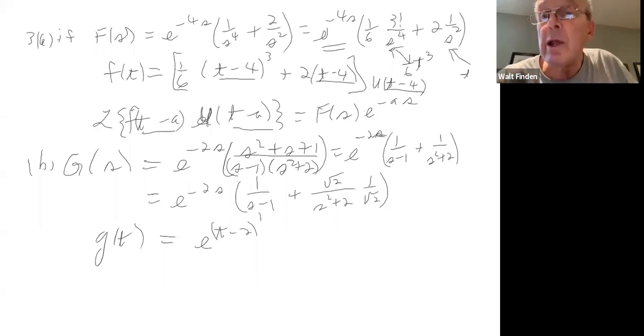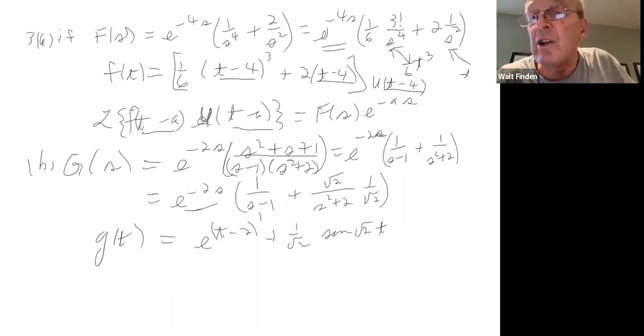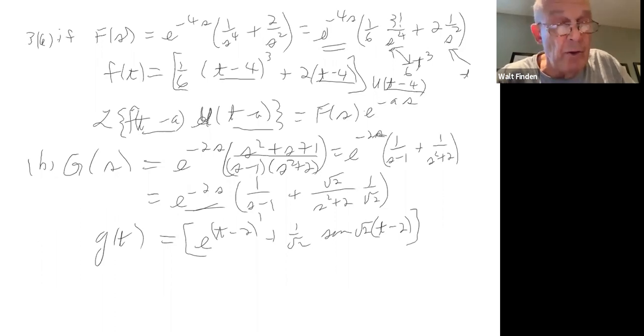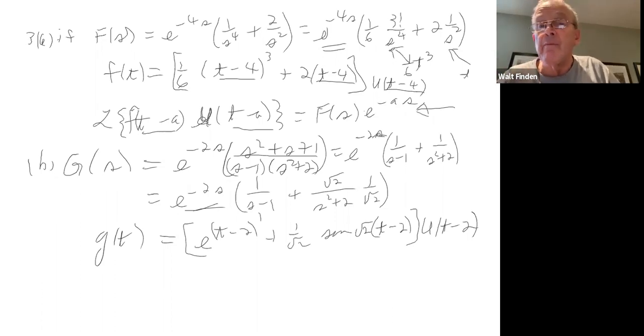And here I have plus 1 over root 2, and this would be the sine of root 2 times t, but because of the exponential, we're going to be shifting this. This is a t minus 2, and then I have all of this times u of t minus 2. So I've used the formula that I'm pointing out right here again in this problem. So that finishes 3a and b.